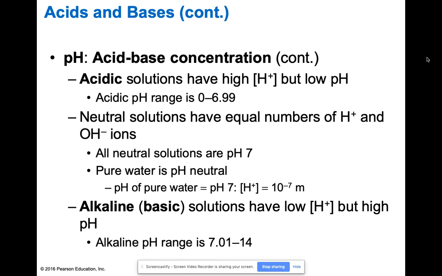And our alkaline bases here, so alkaline and basic are the same thing. This is going to be anything that is over 7 is going to be a basic solution. You might see it's popular in grocery stores, basic water is on sale a lot. It's water that has a pH of 8.8 instead of 7. And we talked about this in class, but drinking too much of it can cause damage to your body. So drink in moderation.